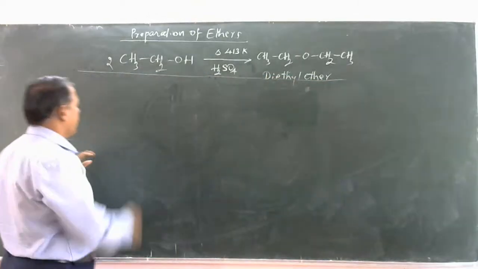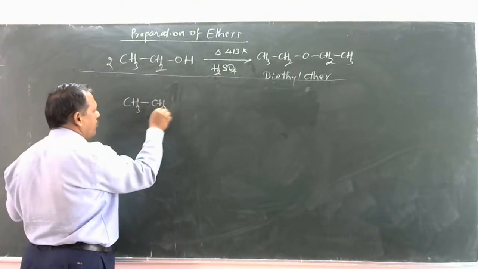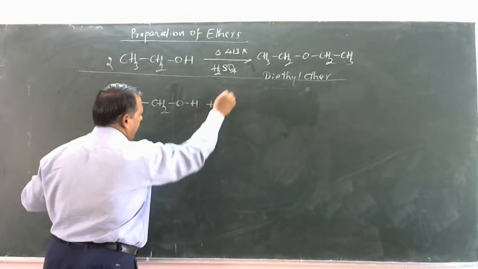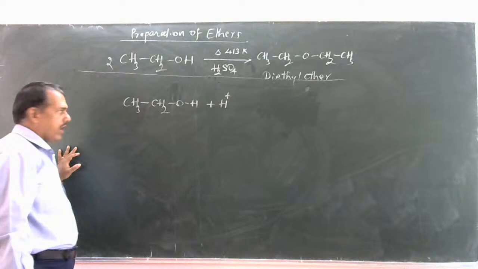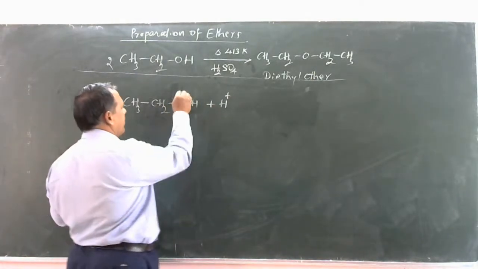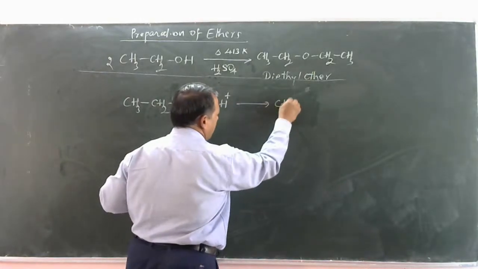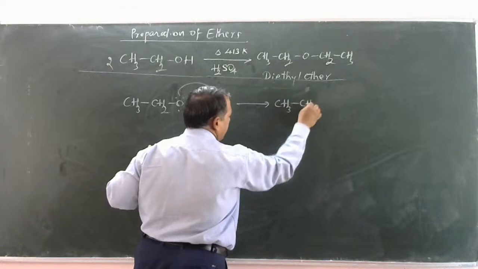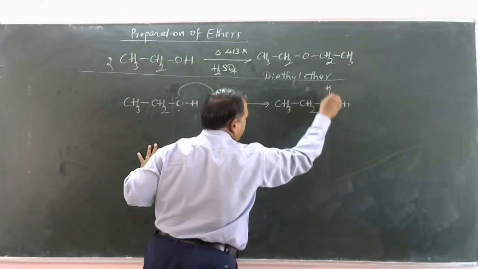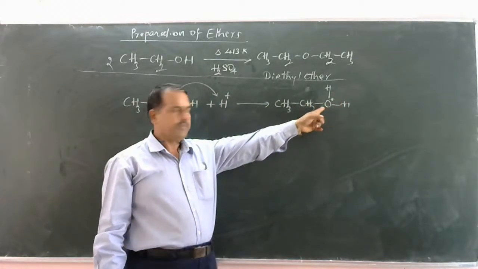The first one is alcohol, CH3CH2OH. In the presence of a protic acid, the proton attacks the oxygen, and we get protonated alcohol, CH3CH2O with H. So this is nothing but a protonated alcohol.